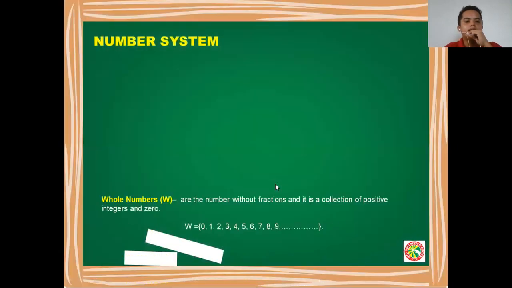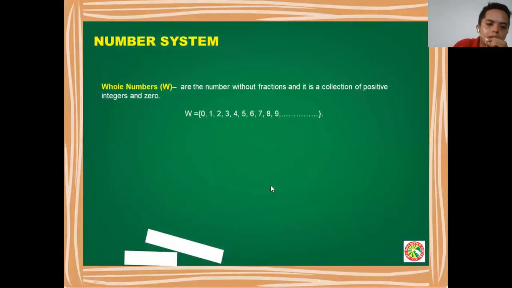So the next is whole numbers, represented as variable W. Whole numbers are numbers without fractions, and it is a collection of positive integers and zero. So W is equal to a set of 0, 1, 2, 3, 4, 5, 6, 7, 8, 9, and so on and so forth.